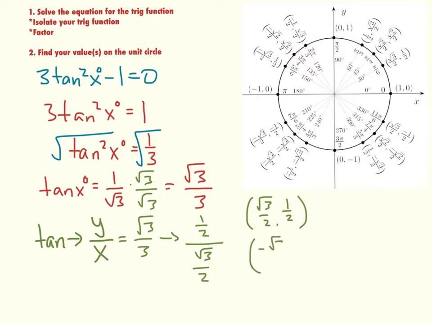So negative square root of 3 over 2, negative 1/2. On the unit circle, that occurs here at 30 degrees, where I've got the square root of 3 over 2 in the x and the half in the y. And where they're both negative, this occurs at 210 degrees. So my answers here would be 30 degrees and 210 degrees.